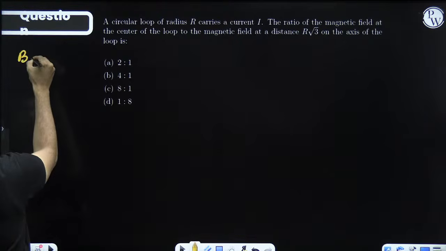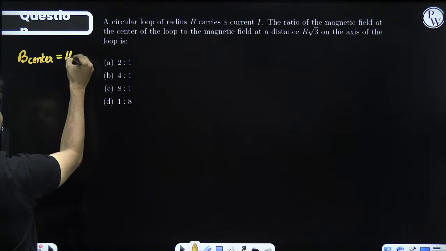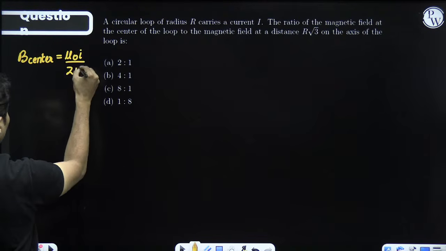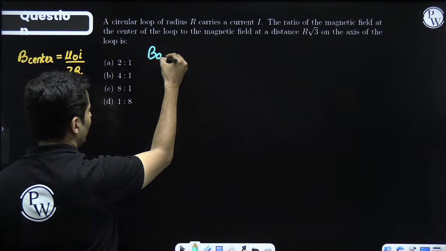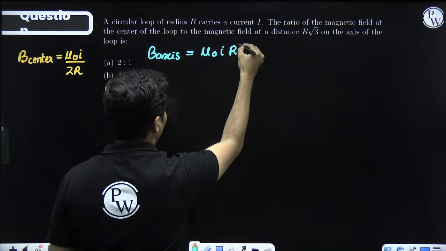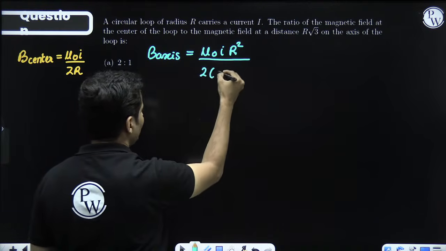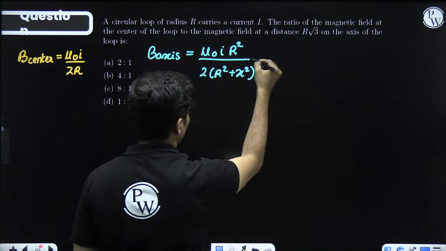Magnetic field at the center, we all know, is mu naught I divided by 2r. But we are now interested in the magnetic field on the axis. Let's rewrite the formula: mu naught I r square divided by 2 times r square plus x square raised to 3 by 2.